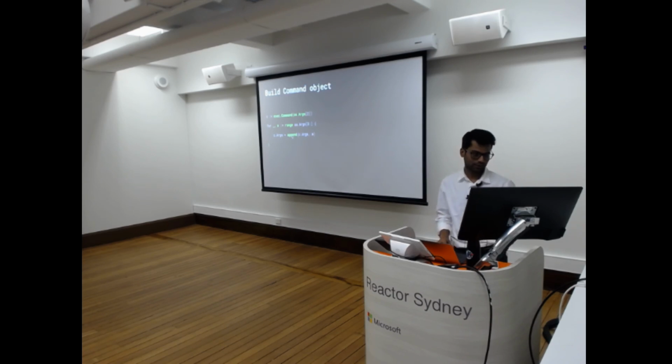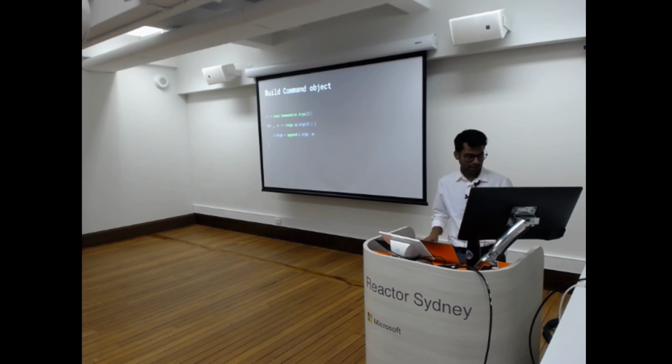So you iterate through it and keep adding. This for range returns 2 items. One is the index, but I don't have any use for the index here, which is why I have an underscore, because I want to ignore it. And a is the argument itself.